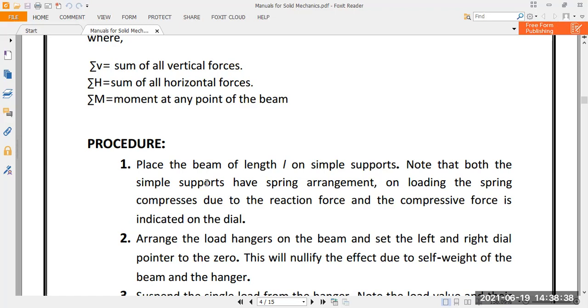Next, we have the load hangers. Load hangers are kept on the beam itself, and the left and right hand dial pointers are set to zero. First, we have to put the weightless hanger over it.